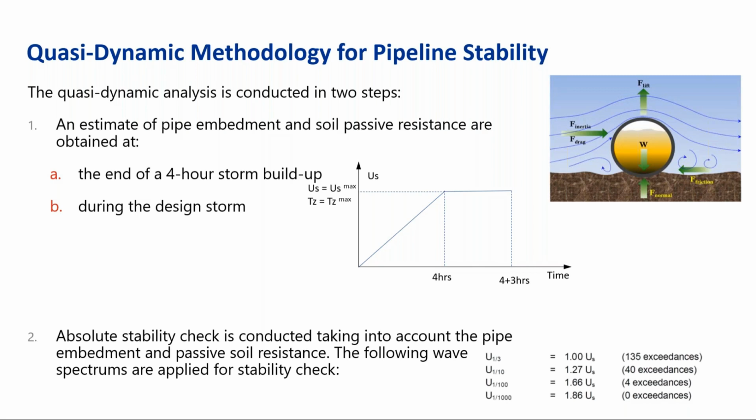So at the end of 4 hours, as you can see on the chart, is one assessment, and during the horizontal plateau where the steady state is reached, there is another assessment.